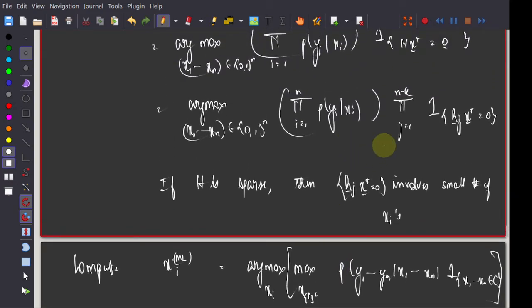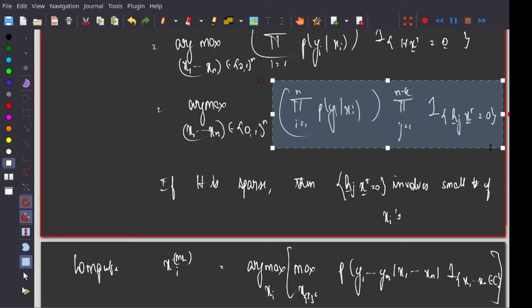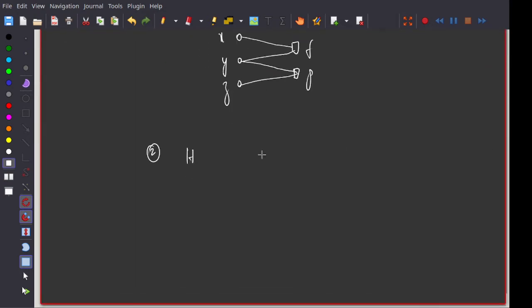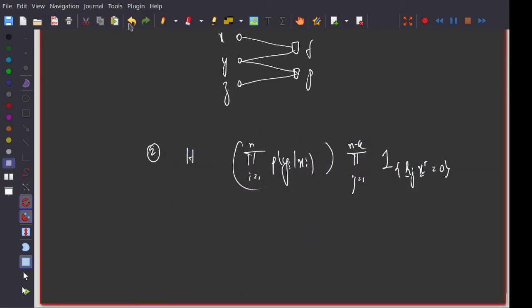So you have n local functions corresponding to each xi yi pair, and n minus k other local functions, one each corresponding to a parity check. So let me just copy this. This is our global function.